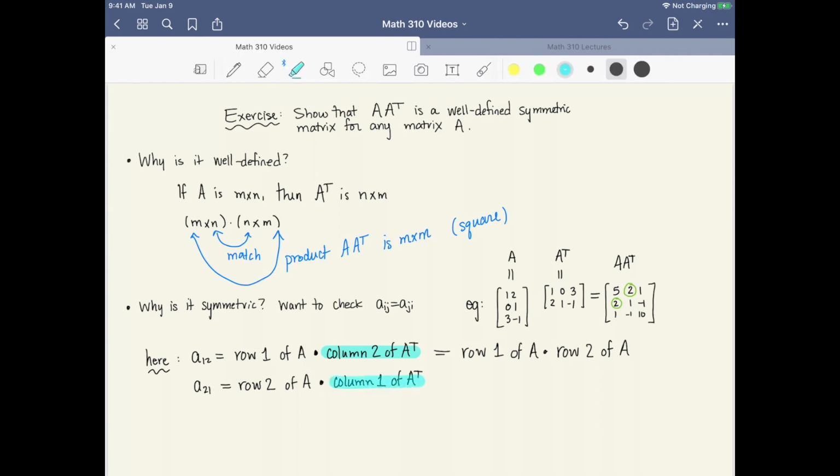Column 1 of A transpose is really row 1 of A. So this down here is also row 2 of A dotted with row 1 of A.